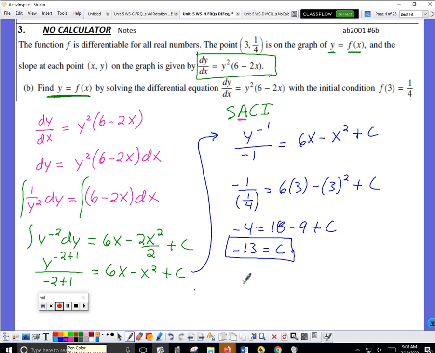This is really -1 divided by y equals 6x subtract x squared minus 13. I need to get the y alone.